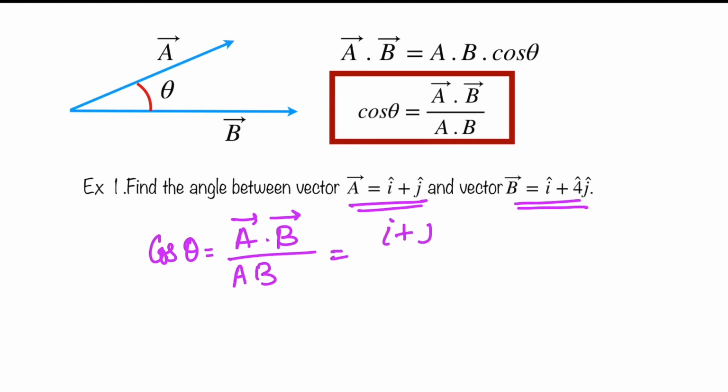So here this will be (i cap + j cap) dot product with (i cap + 4j cap) divided by the magnitude of these vectors.